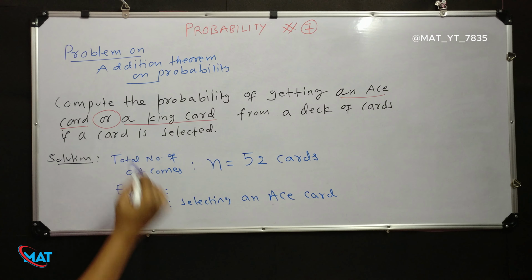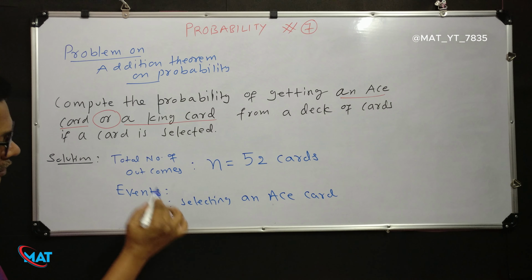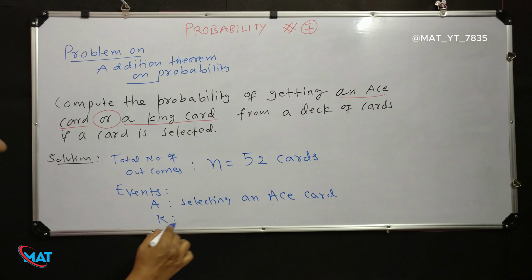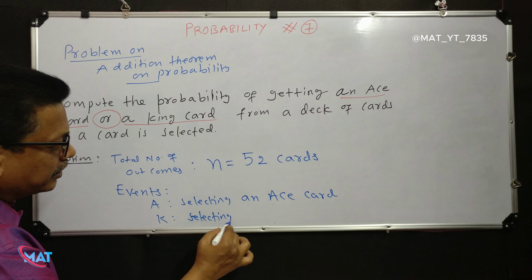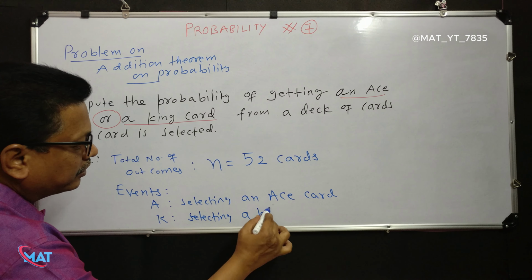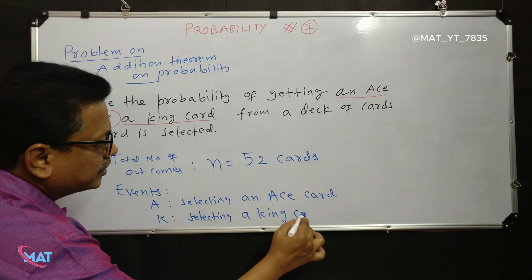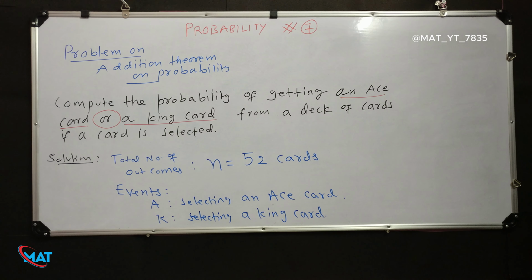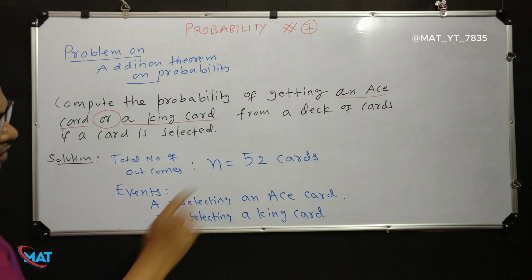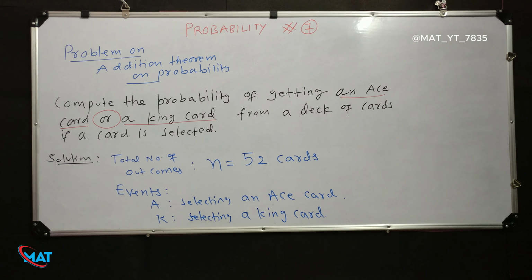And we write K for king. The event name is K, selecting a king card. Just name them as you wish like this: A stands for selecting an ace card, K stands for the event of selecting a king card from the deck of 52 cards.